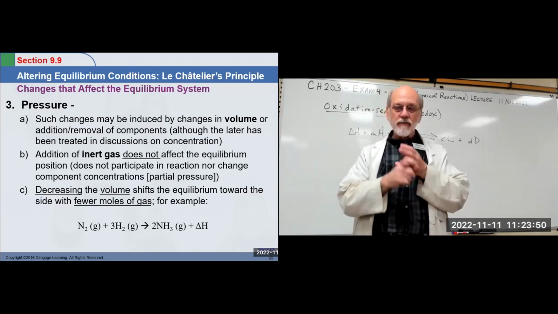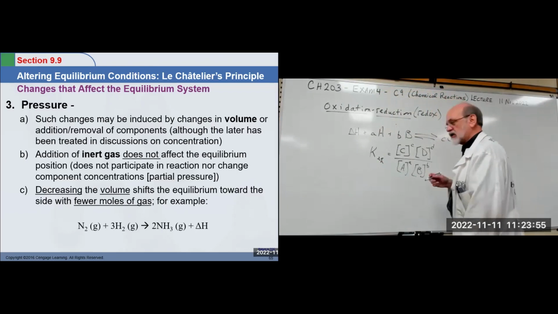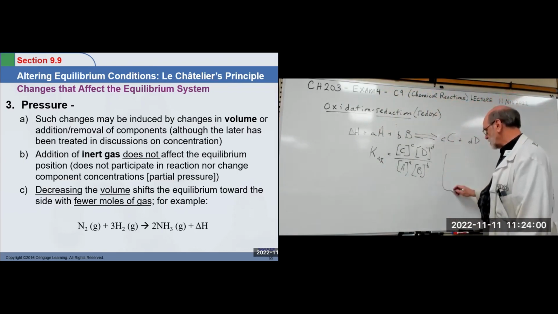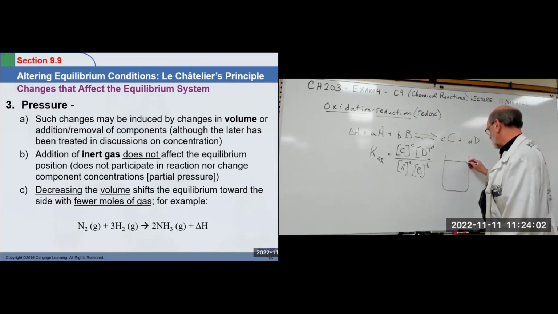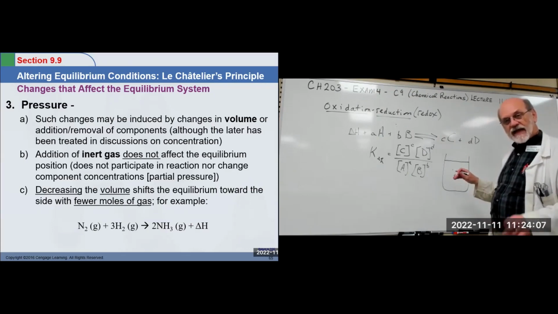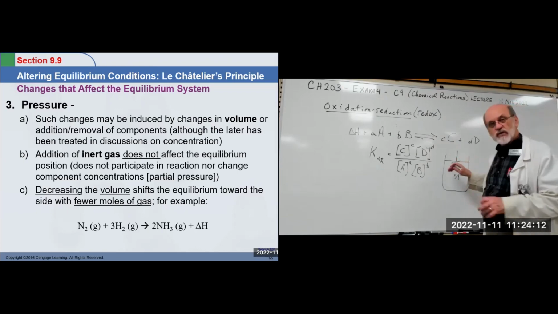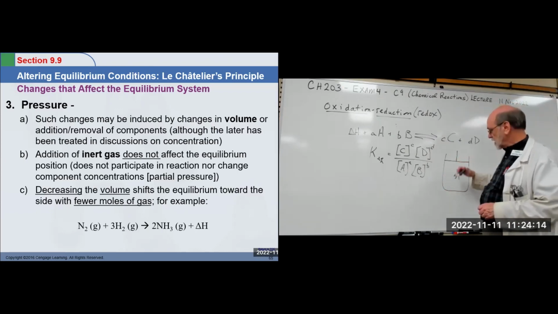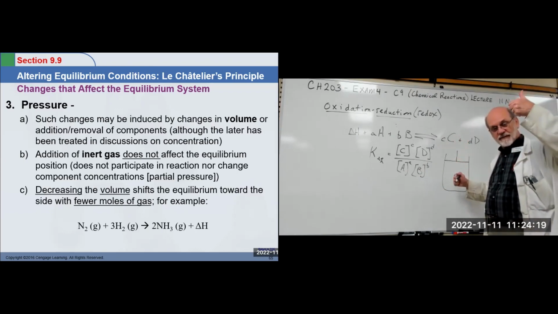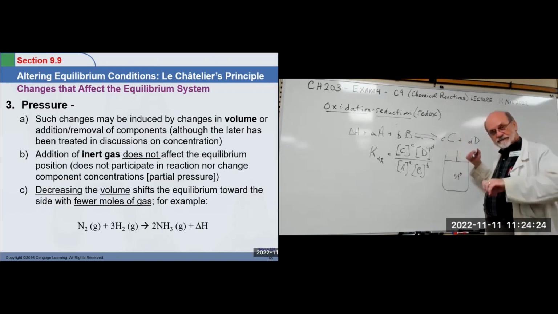It depends on how the pressure was changed. And usually when you change pressure for a reaction system, it's in an enclosed vessel, right? So the system is inside the vessel, and the only way to change pressure is to move that piston. So if you decrease the volume, the pressure goes up. And if you increase the volume, pressure goes down.